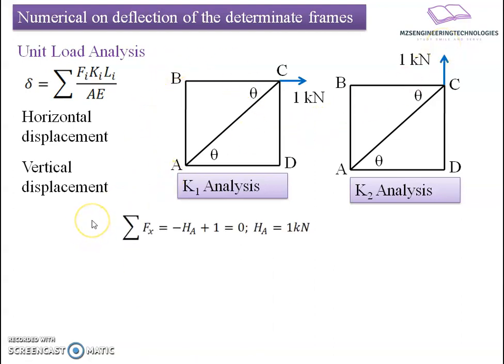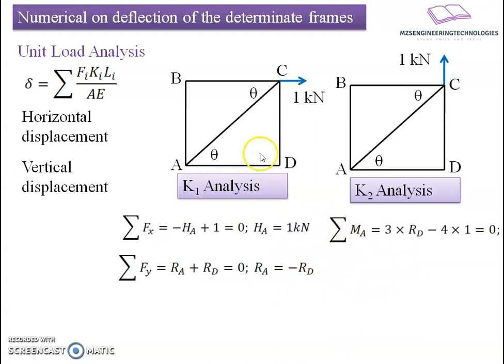Before the K1 analysis, I will first find the reactive forces with reference to the end supports. If I apply summation of force in the x direction, it yields minus HA plus 1 equals 0, so HA comes to be 1 kilonewton. In the vertical direction, RA plus RD equals 0. Since there is no vertical loading here, RA equals RD but opposite in direction.